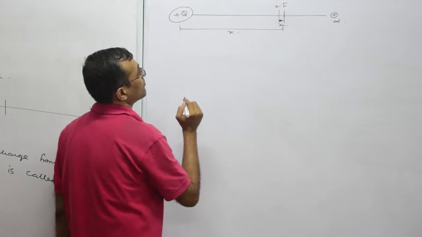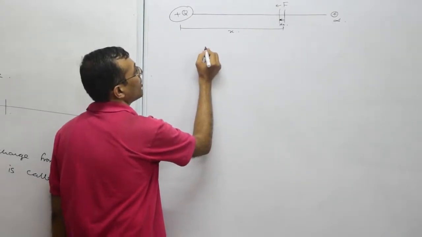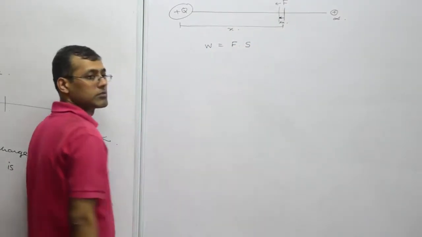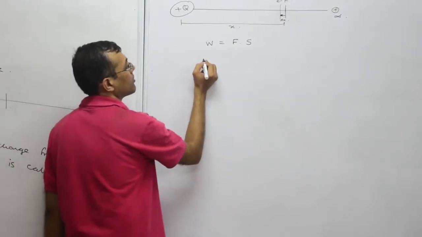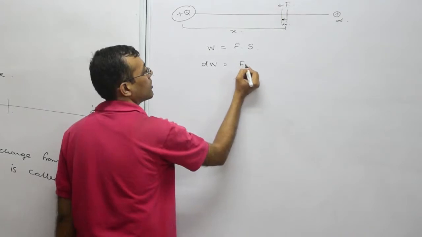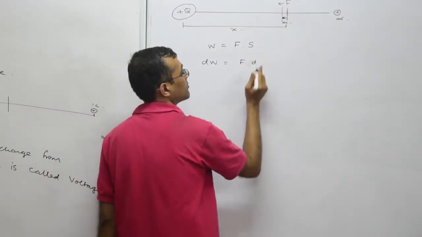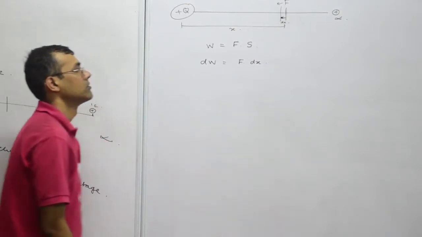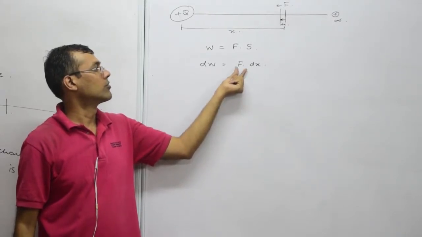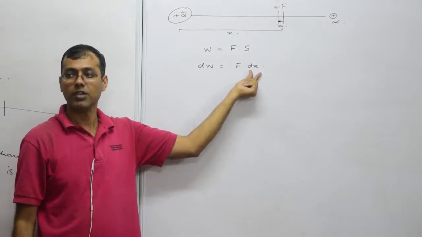So that means, what is work done? Work done is equal to force into displacement, right? So if I say a small amount of work done is given by force into a small amount of displacement, ds or dx, we take this dx. A small amount of work is done by pushing, giving force F for a distance of dx, right?